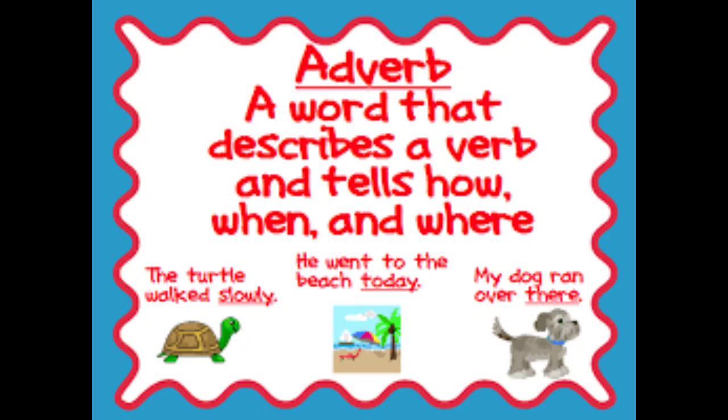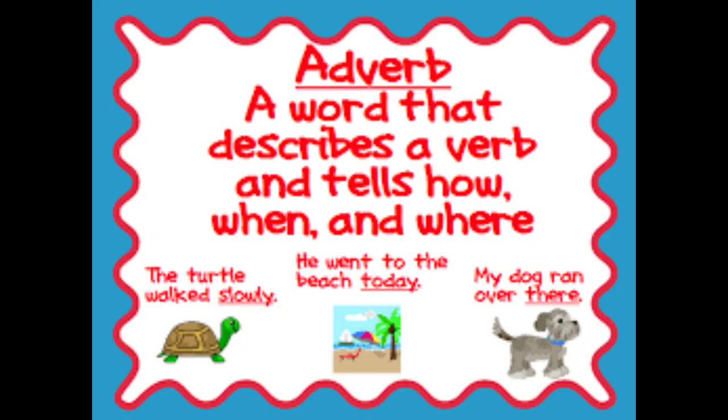So the word slowly shows how the action happened. Slowly is an adverb here. The next sentence, today, shows when the action took place. So it is an adverb. Today is an adverb. Then the third example, there, shows the place where the action happened.